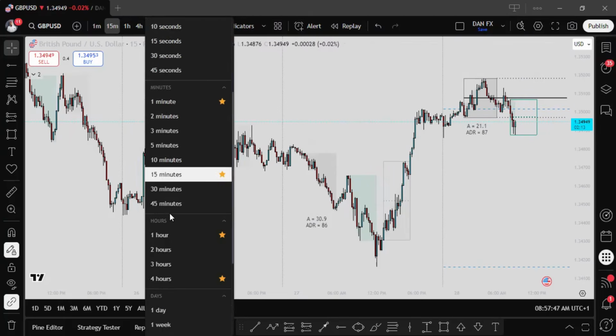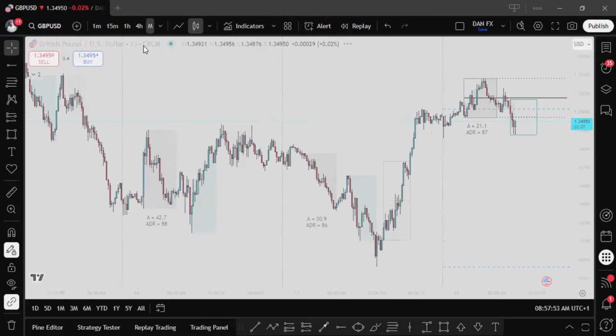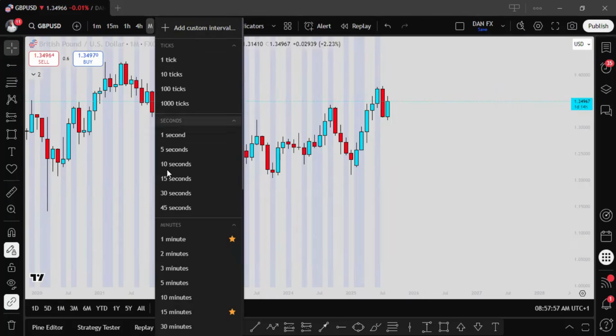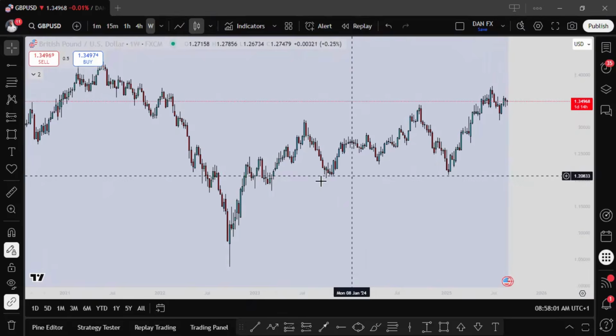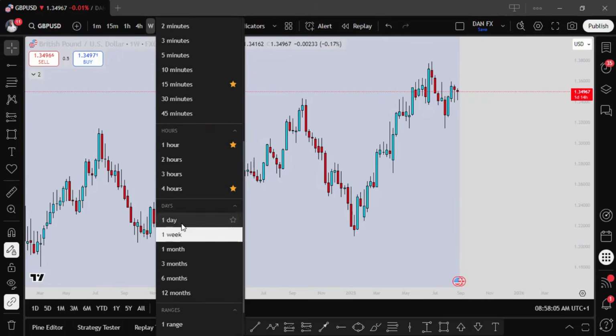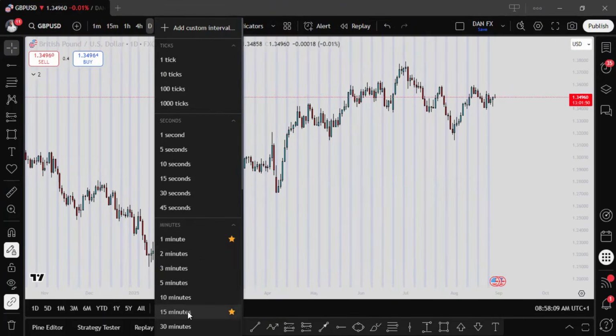Most people, if they want to do their top-down analysis, will start by going to the monthly or the daily. Some people go to the monthly and say, okay, where's the direction of the market from here? Then from monthly, they'll go to the weekly and look for another direction there. Then from the weekly, they'll go to the daily, and then they'll just keep on going down till they get to the 15-minute time frame.